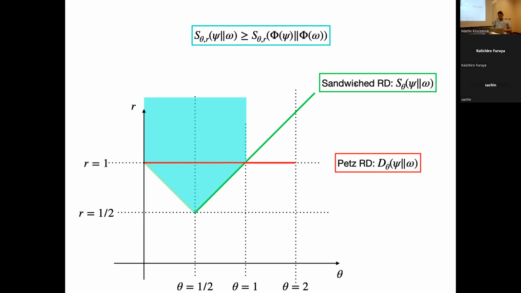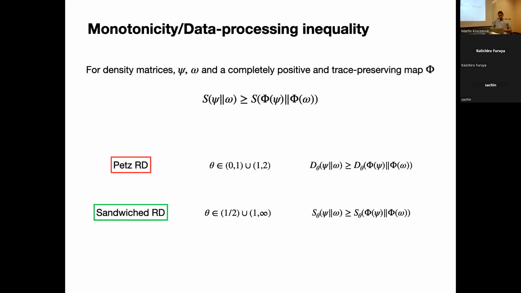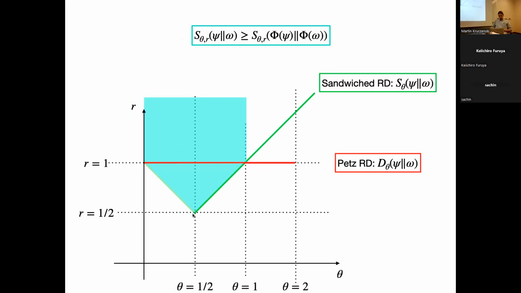Now, the sandwich Rényi divergence is the case when theta equals r. If you go back to the slide here, this was the theta-r Rényi divergences. To go to sandwich Rényi, you need theta equals r. So in this plot, theta equals r is this line, and for sandwich Rényi divergences theta ranges from half to infinity.